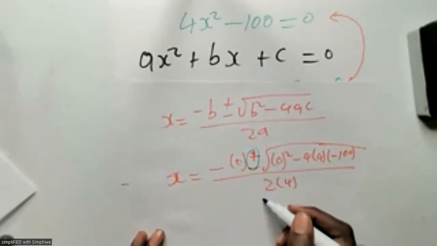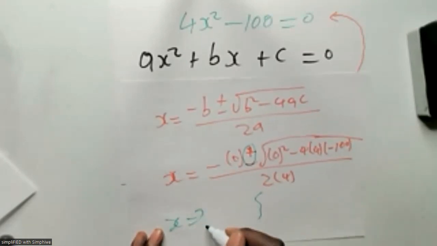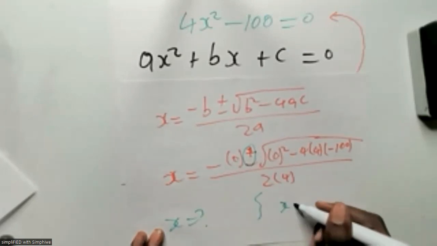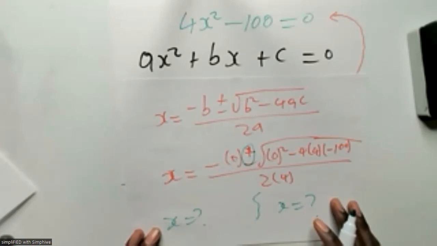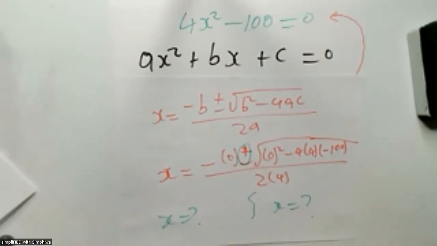Therefore, you have this. You copy this into your calculator. You solve the negative part first. You get the value. And then you solve the positive part also. You get the value. So, basically, that's how we use the quadratic formula.